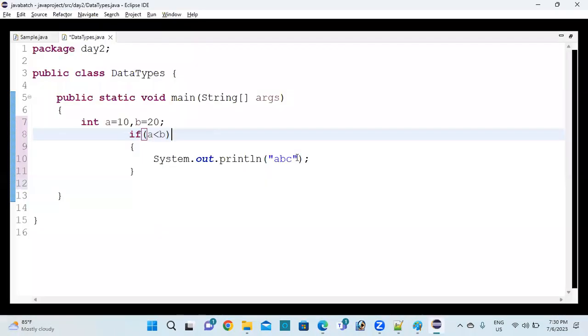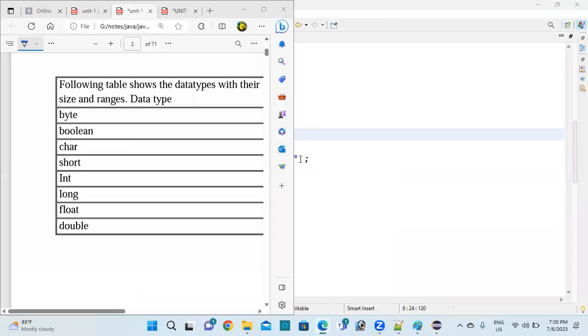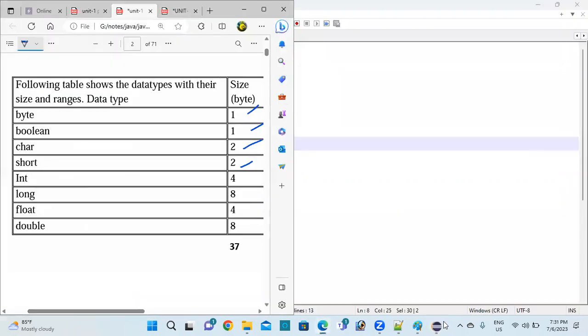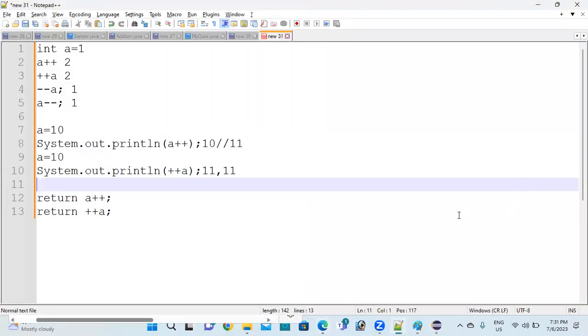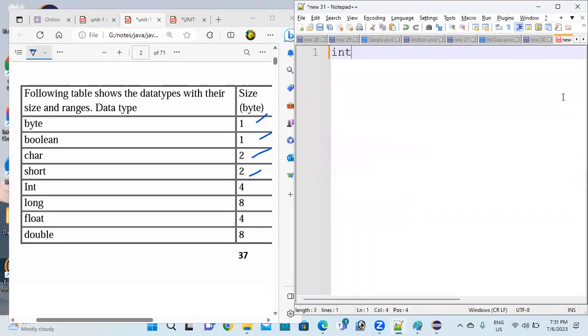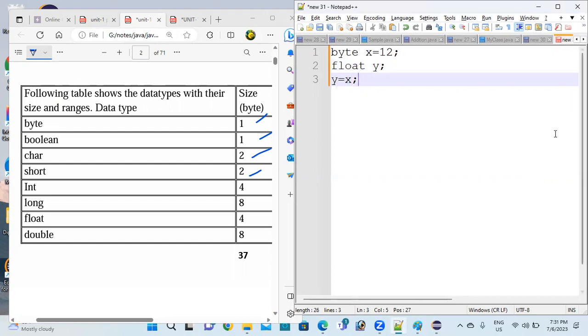Here the question is, students. Suppose I take byte x equals 112. After that I take float y, and I write y equals x.